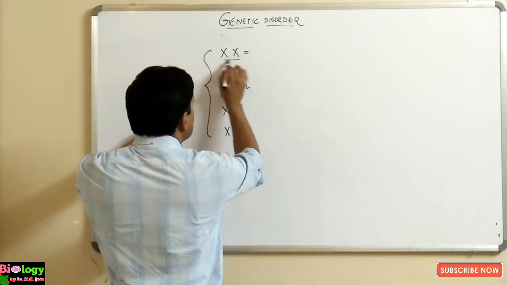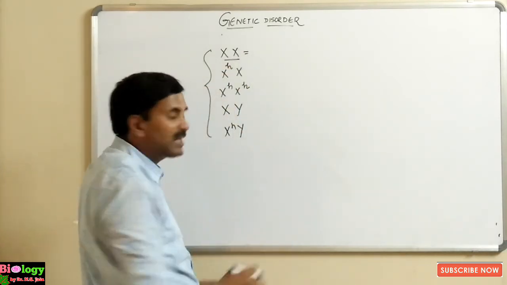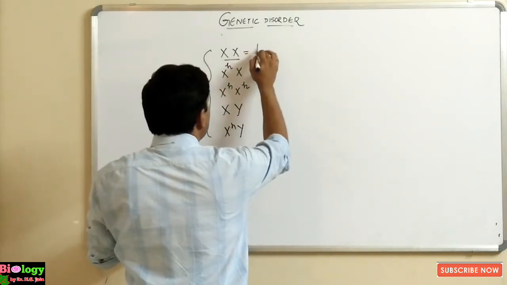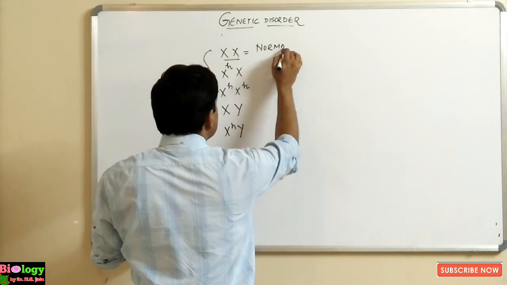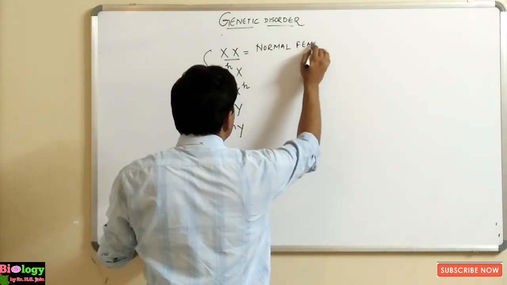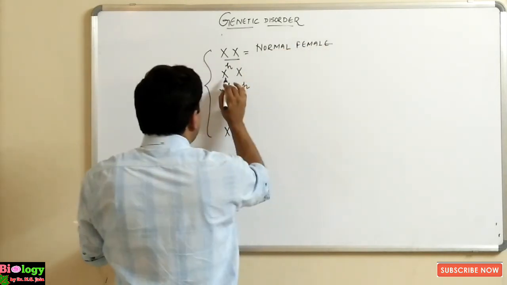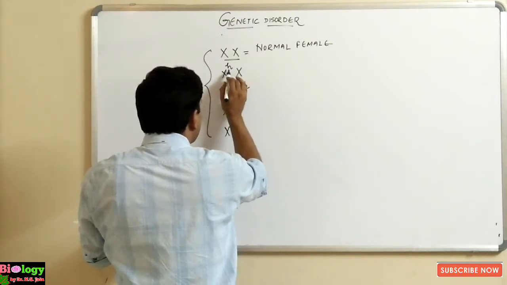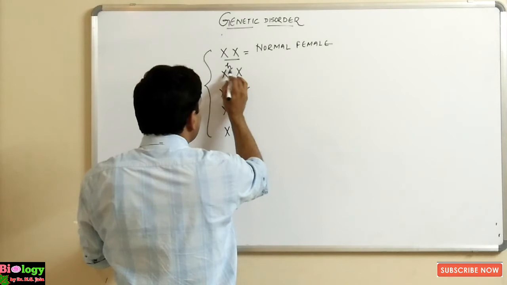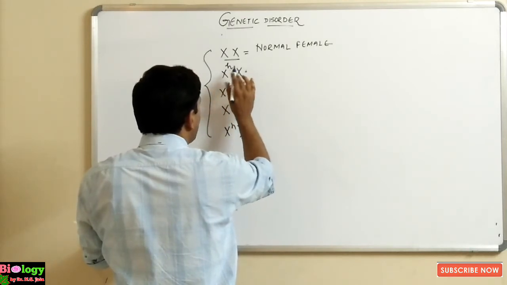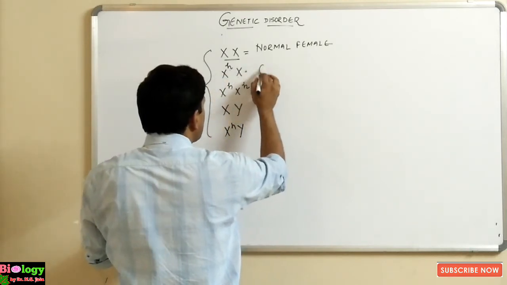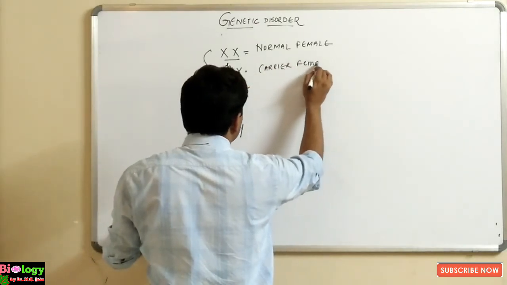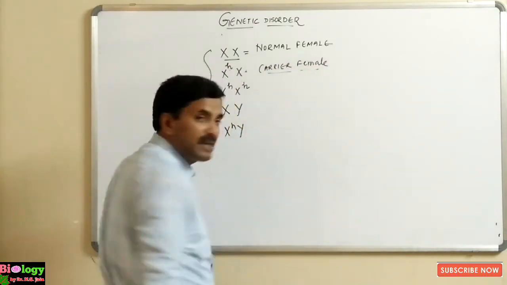Suppose a female has the genetic constitution XX, so such a female, not having the gene for hemophilia, will be called a normal female. A female with one X chromosome carrying the hemophilic gene and another X chromosome that is normal will be called a carrier female.